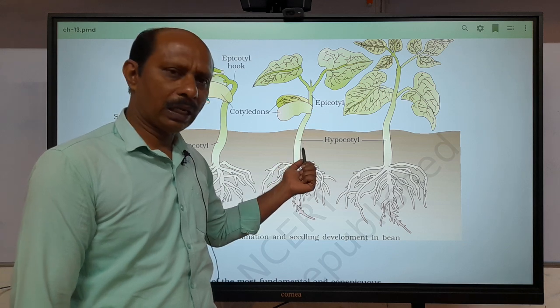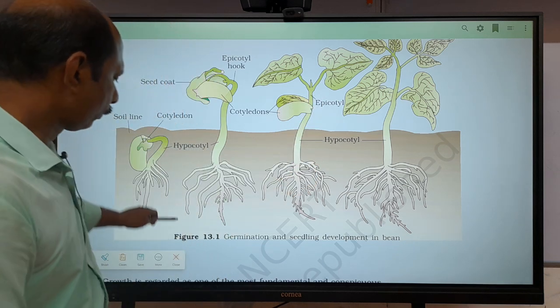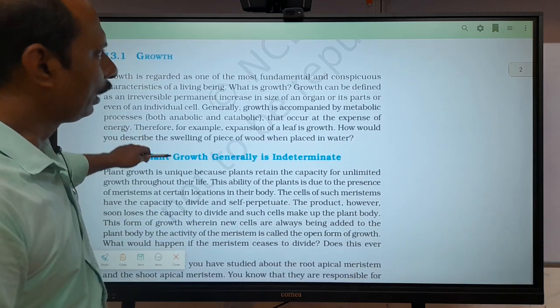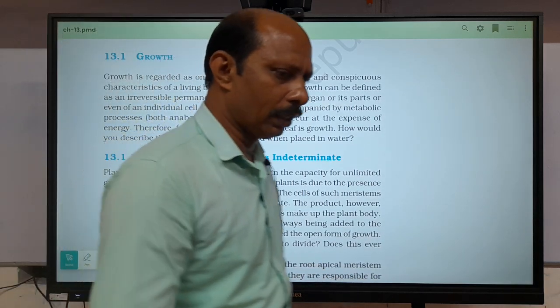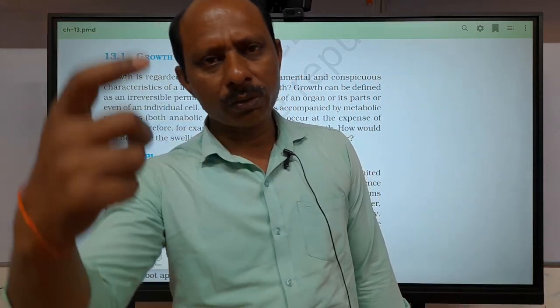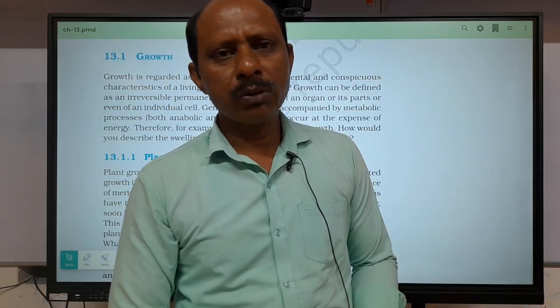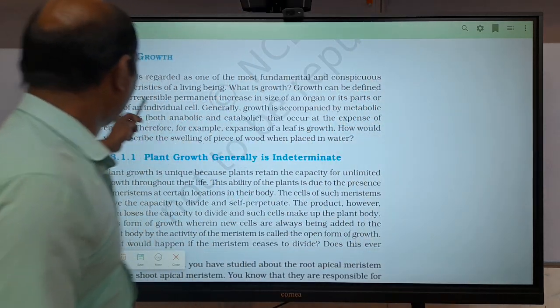Below the cotyledons, hypocotyl; above the cotyledons, epicotyl. Two types of germination, that is epigeal and hypogeal. When cotyledons remain inside the soil, this is called hypogeal, and when cotyledons come out of the soil, they also perform photosynthesis, right?